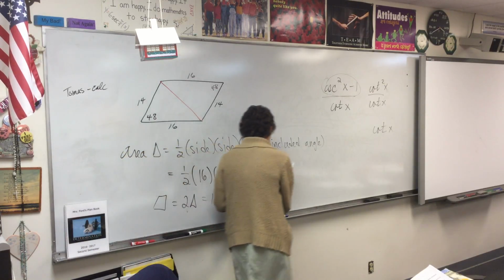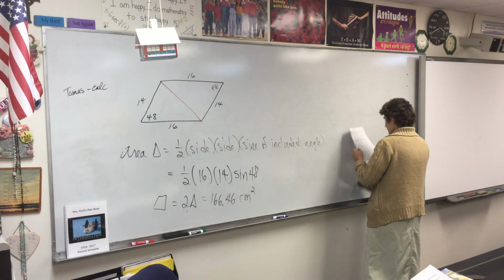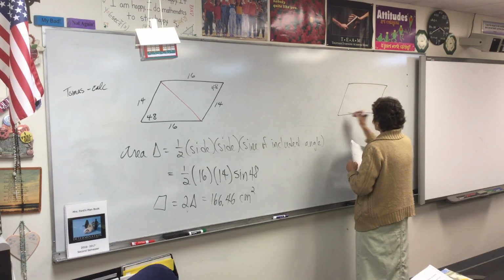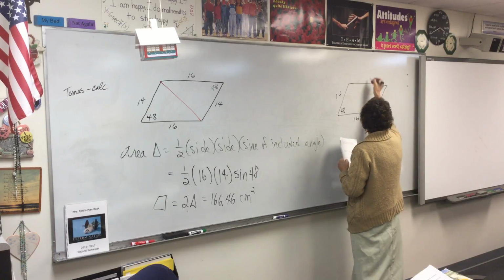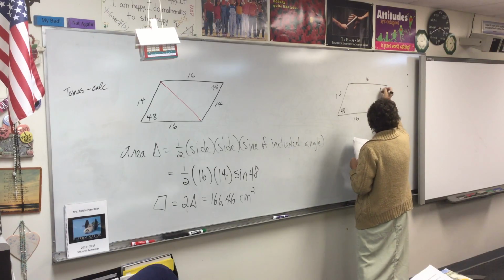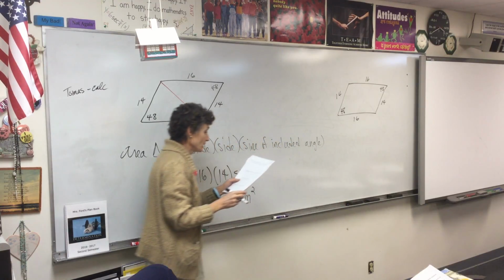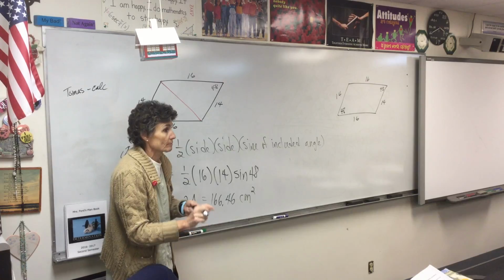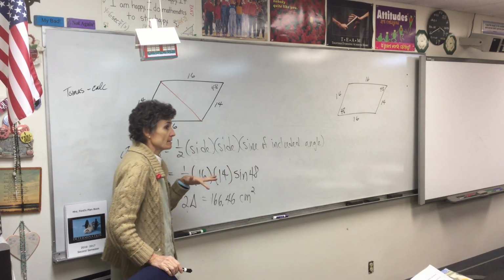All right, now number 3 says, go back to the same picture. So we've got our parallelogram out of 48, 14, 16. And we need to find the length of the longer diagonal. Okay, now wait a minute.